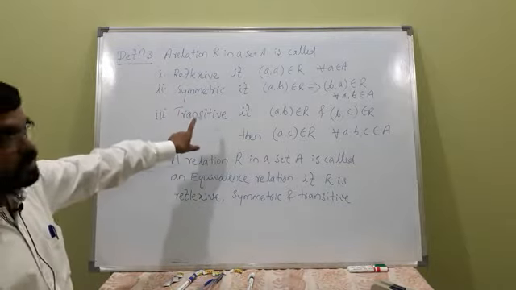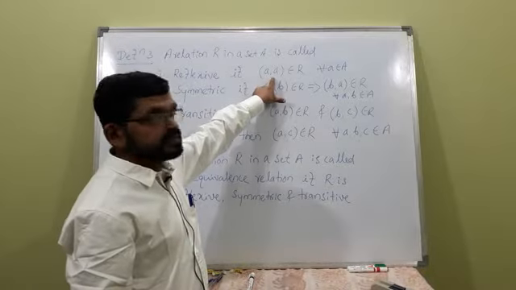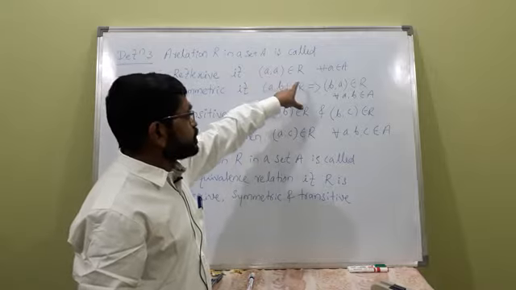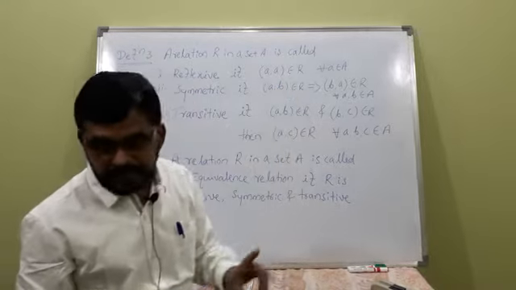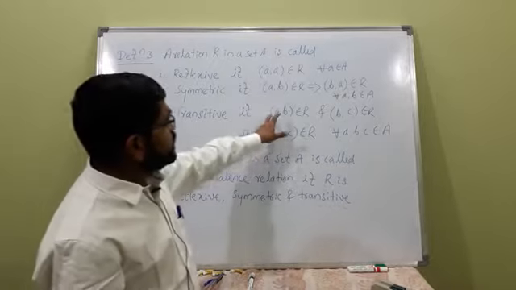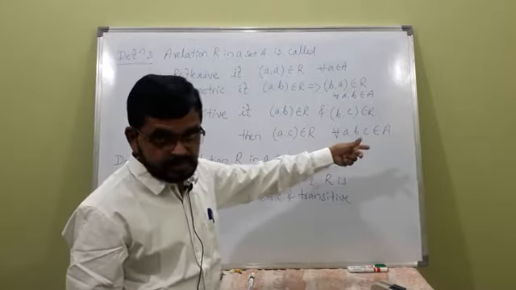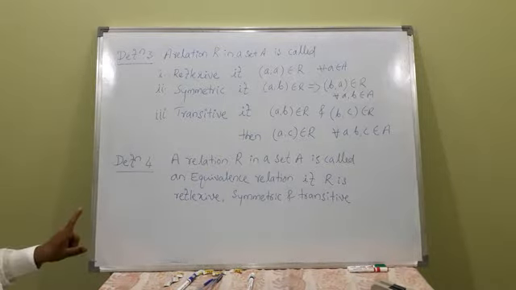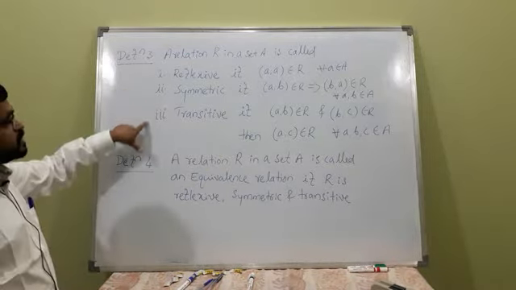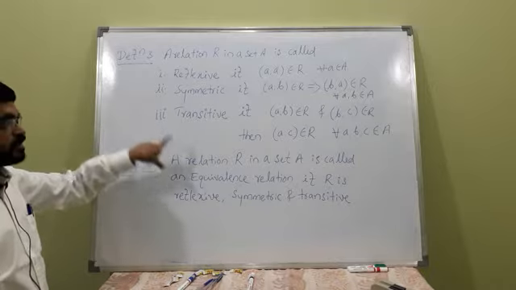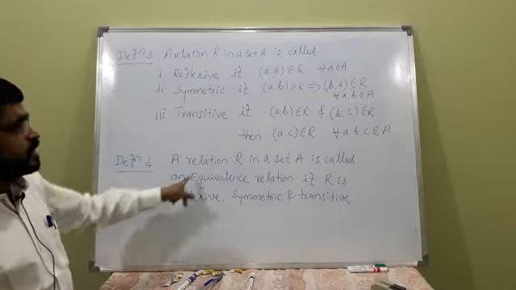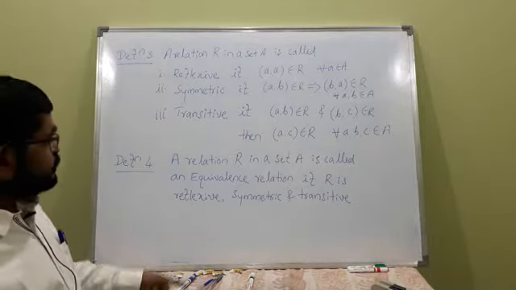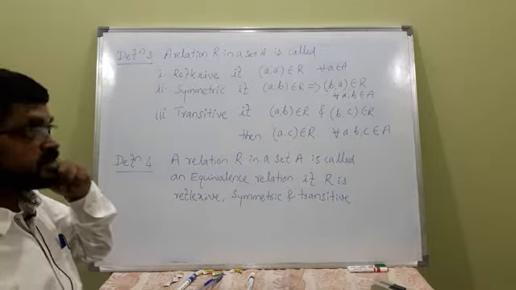Reflexive, symmetric and transitive: for reflexive, (a, a) belongs to R. (a, b) belongs to R should imply (b, a) belongs to R, that is symmetric. (a, b) belongs to R and (b, c) belongs to R implies (a, c) belongs to R. A relation which satisfies all these three properties is called an equivalence relation. A relation R in a set A is called an equivalence relation if R is reflexive, symmetric and transitive.